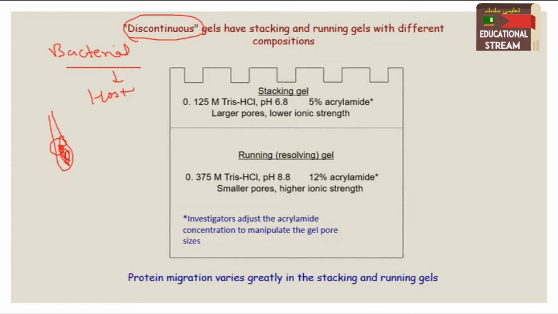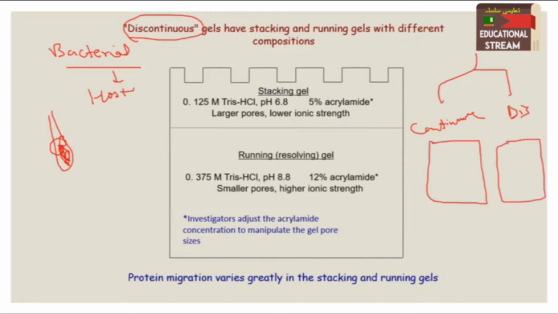SDS-PAGE or PAGE is divided mainly into two types, one of which is the continuous gel and the other is the discontinuous gel. Continuous gel means you are using just one kind of gel. For discontinuous, you are preparing two different kinds of gel. This is only one type of gel and this is two types of gel.